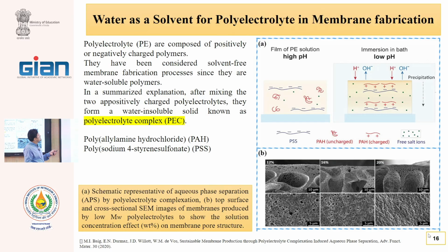At a specific pH, the positive and negative charges attach together and precipitate. For example, in this case, at high pH, we have soluble polymers. At low pH, we have insoluble polymers.